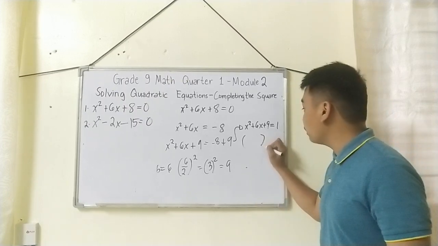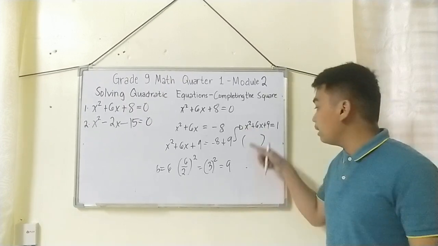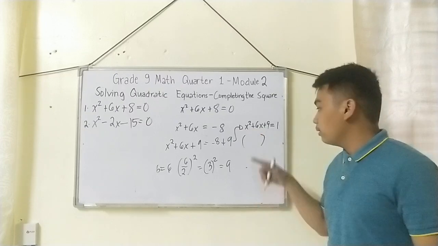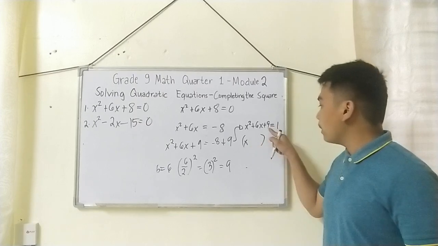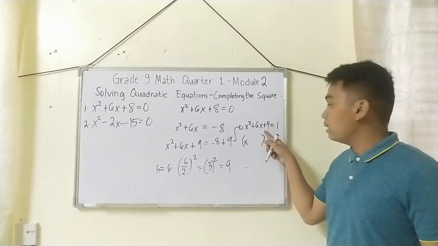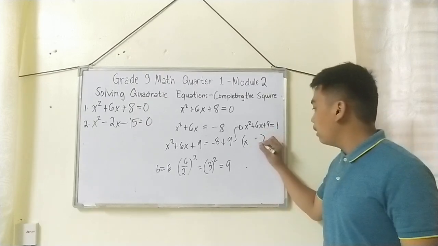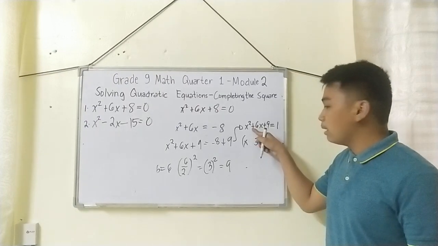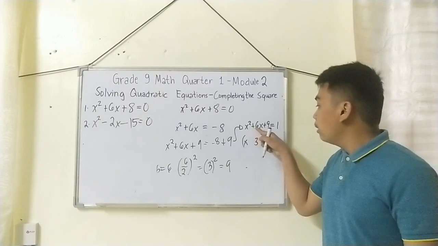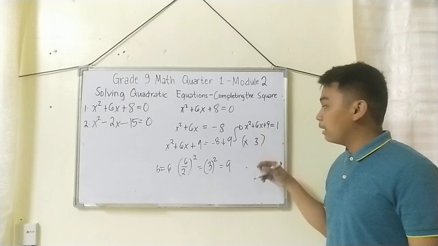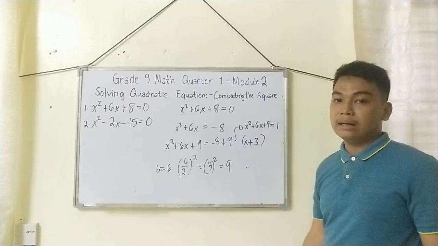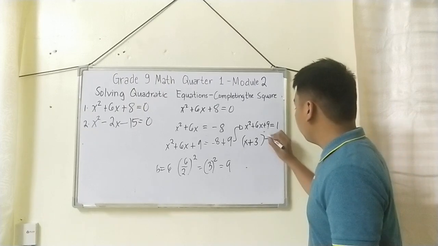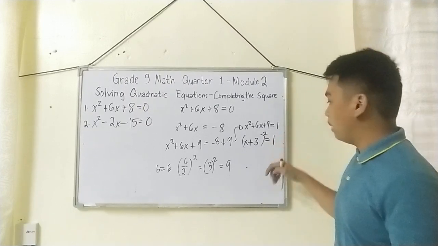What is the square root of our x squared here? The square root of x squared is x. And the square root of our constant is 3. And the sign of the second term, our b, is positive. That means we put addition here. That squared is equal to 1.